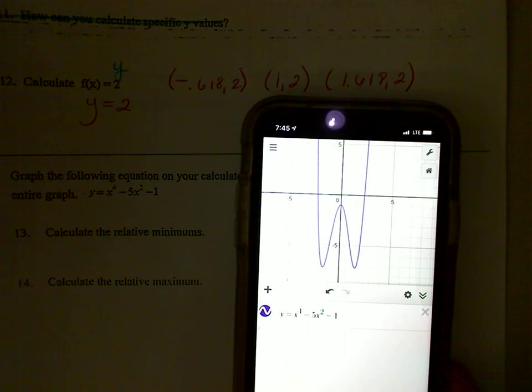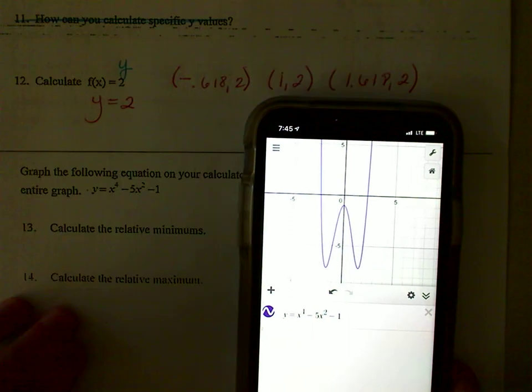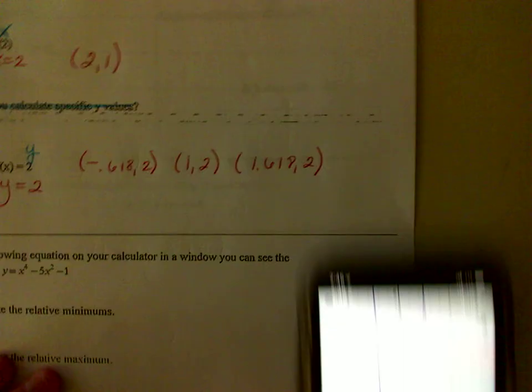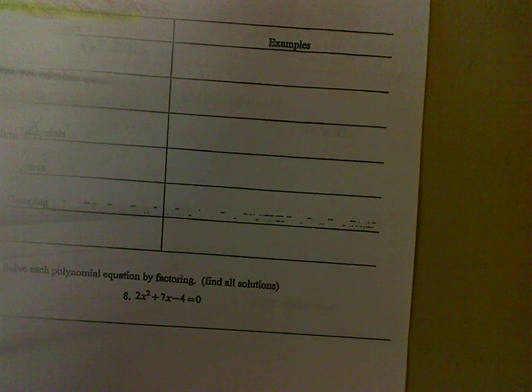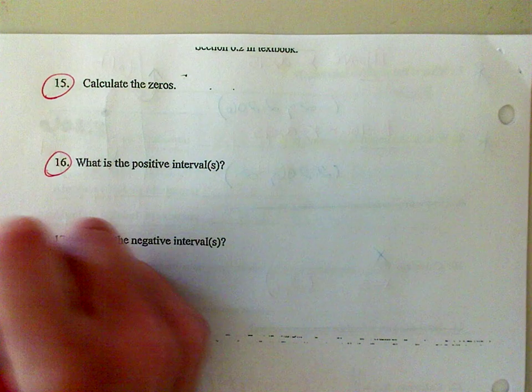Okay, so all I want to do for this example is find the positive and negative intervals. So I'm going to have to turn the page here. In order for me to find the positive and negative intervals, I'm going to have to find the zeros first.